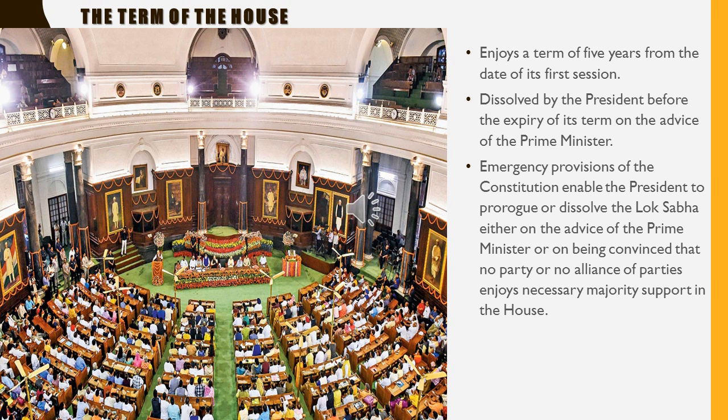So the President can dissolve the Lok Sabha before its 5-year term on the advice of the Prime Minister, or if the ruling party loses its majority, or if there is no majority party to form the government.